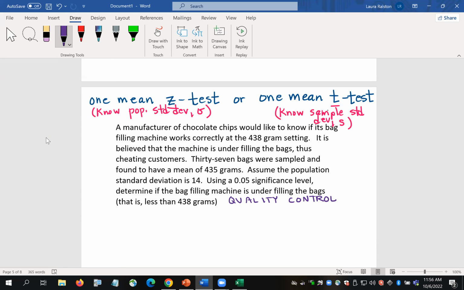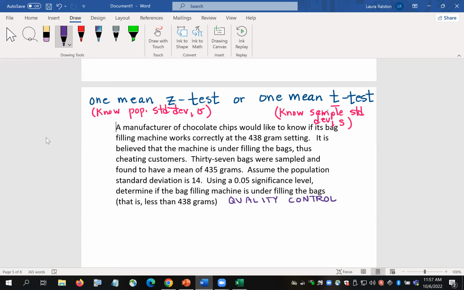Because as it says in the problem, if they're underfilling the bag, then as a customer, I'm getting cheated. If they're overfilling the bags, then they're kind of hurting themselves, because then they're putting more in the bag than they should, which can eventually cut into their profits.